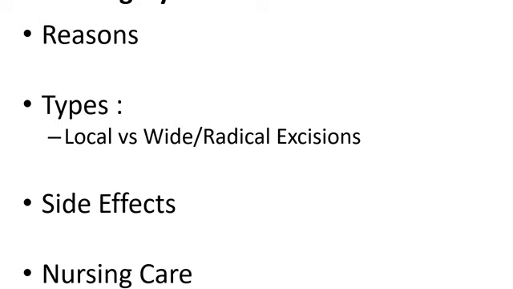We can do local excisions or even laparoscopic excisions, or we may have to do wide radical excisions depending on the size and the extent and the metastatic reach of the tumor.